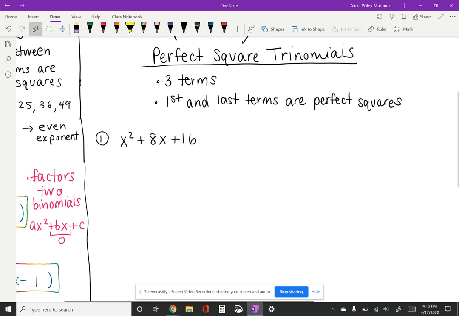So something in this form, again, since it is a trinomial in the form of ax squared plus bx plus c, it will factor into two binomials, except this time the two binomials will be identical.